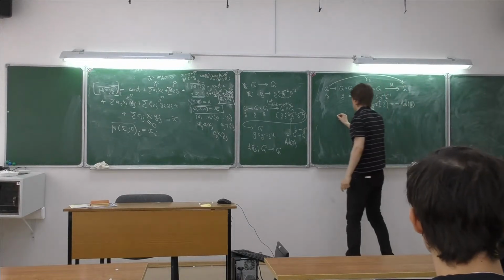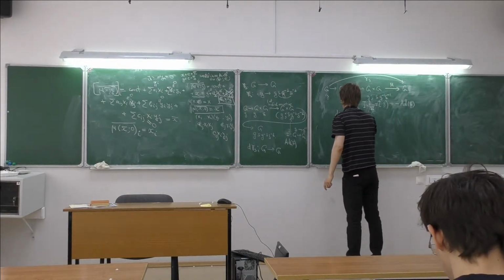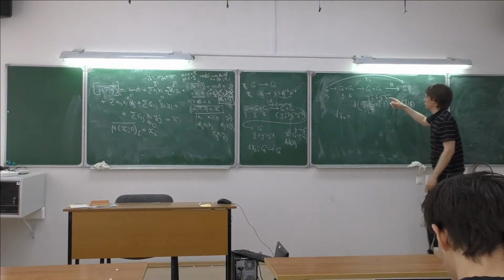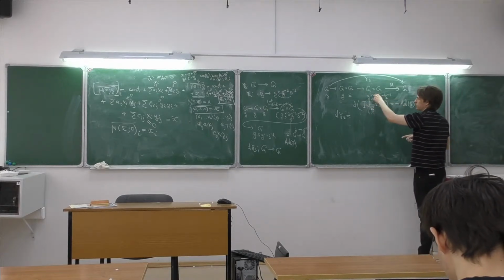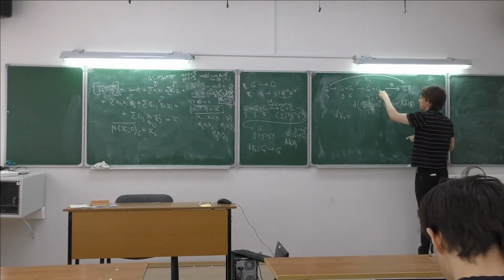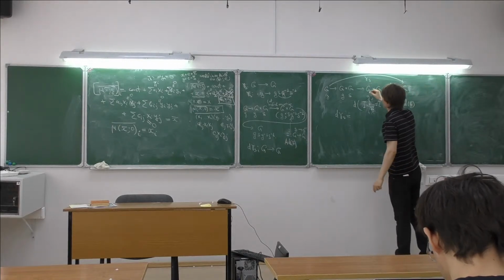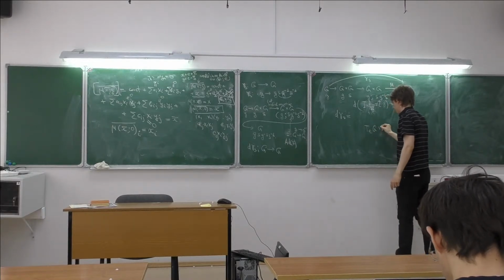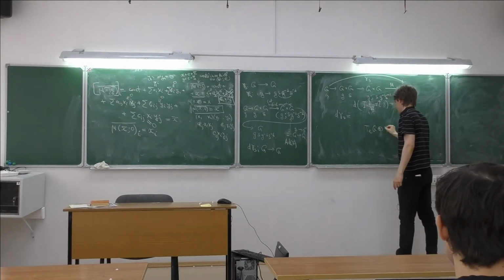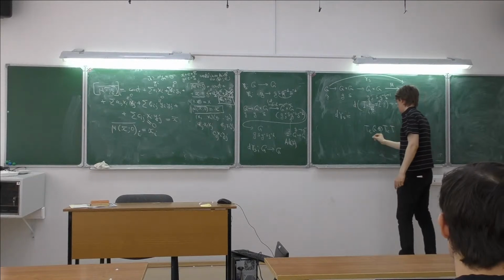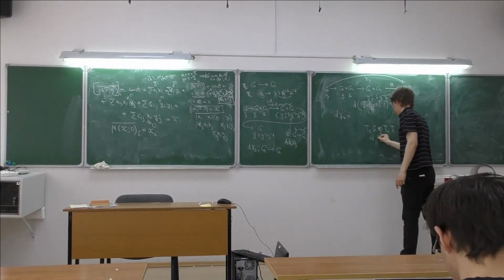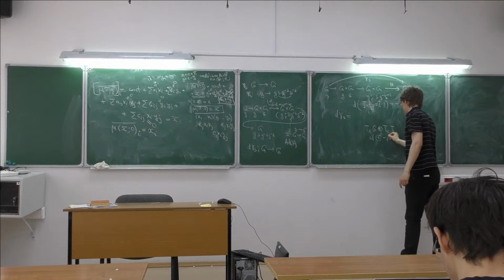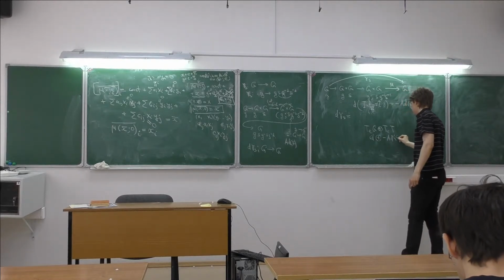The derivation of gamma S is the derivation of this composition map, which is identity plus minus adjoint action of S.